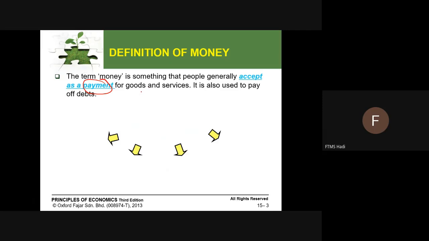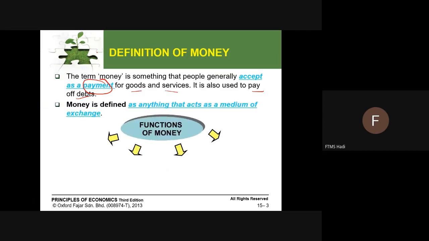So usually money is used to pay for something, specifically for goods and also services. Sometimes money can be used to pay off debt as well, because sometimes you have a loan with banks or with friends, so you need some money to pay back whatever you owe them. Money is also defined as anything that acts as a medium of exchange.